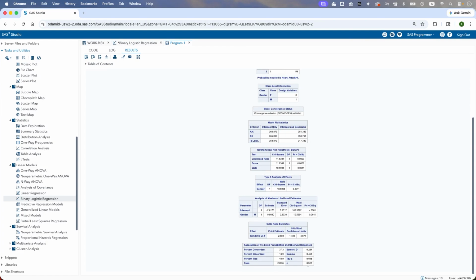We are also talking about the percent concordant, which is another measure. What happens here is we take every possible pair of people, one who had a heart attack and one who didn't. And the question is, did the model give the person who had the heart attack a higher predicted probability?